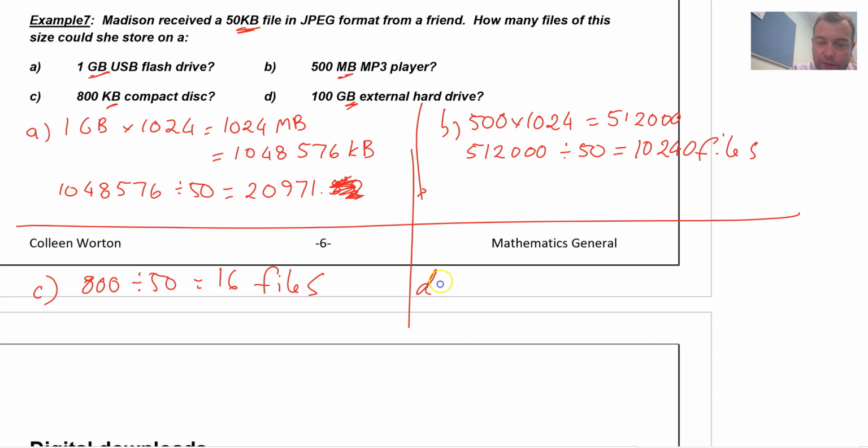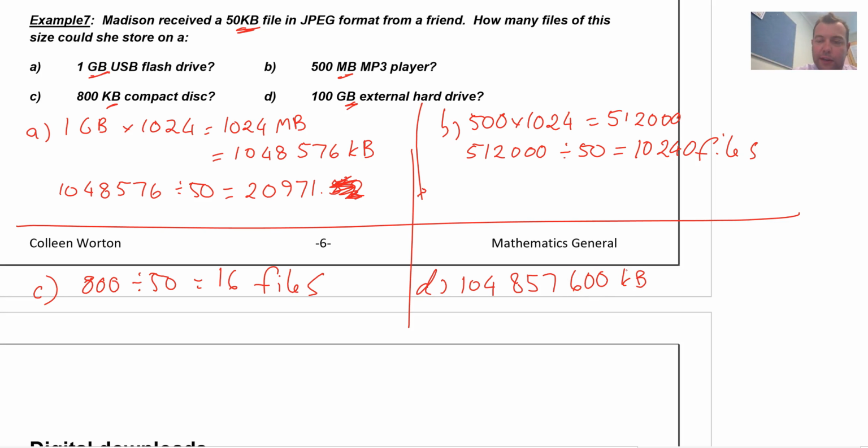And for D, 100 gigabytes. I'm going to take a shortcut here. We've already done 1 gigabyte, so 100 is going to be 100 times this. In fact, remember we had 2 decimal places there? Instead of 1 million, it's going to be 104 million: 104,857,600 kilobytes.